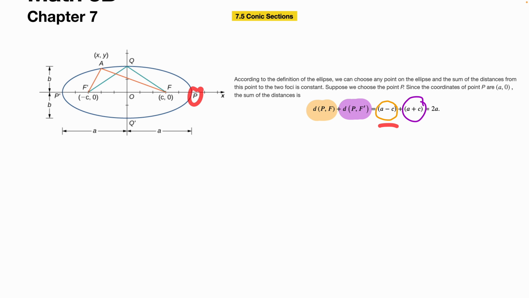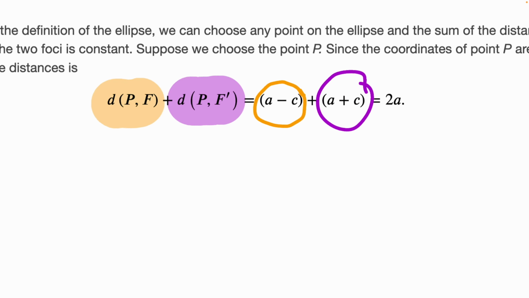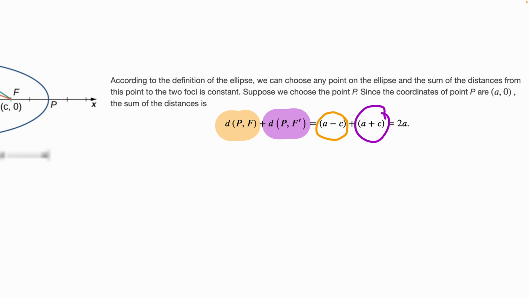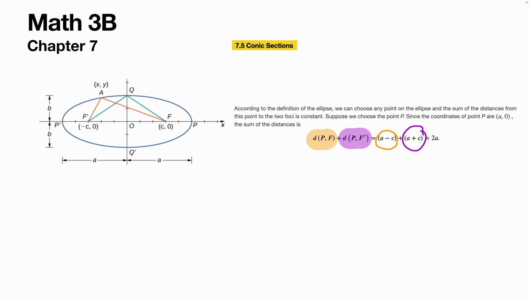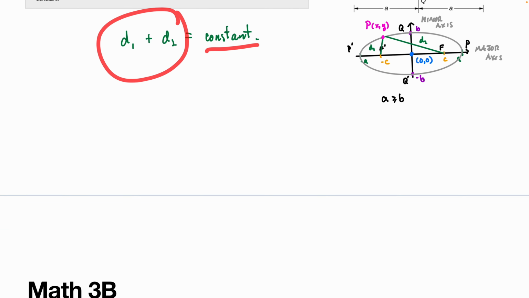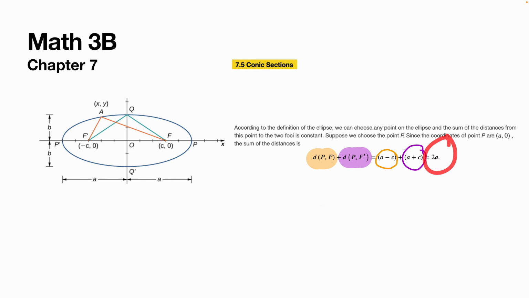A minus C. This point, how far is it to the other focus? A plus C. And then when you do simple arithmetic, A plus A gives you 2A, and negative C plus C gives you 0. So you get 2A, telling us that, go back and look at the previous page, that D1 plus D2 equals a constant, and the constant is 2A.